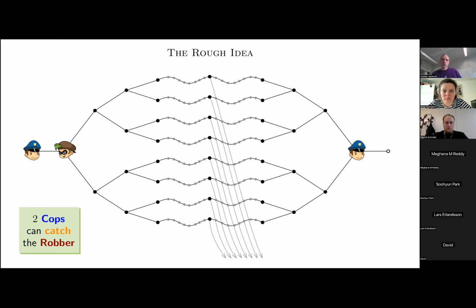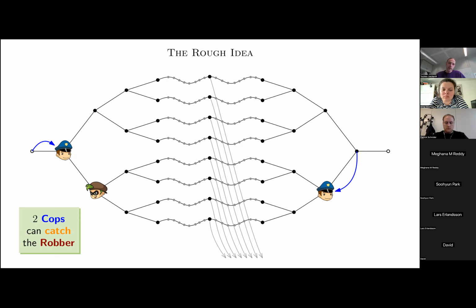Now it's the robber's turn, and he cannot stay where he is because otherwise he will get caught. So he's chased by the left cop and forced to go down the tree. If he decides to go down the tree, the cops do the following. This cop just goes down the same branch of the other tree, while the left cop keeps chasing the robber.